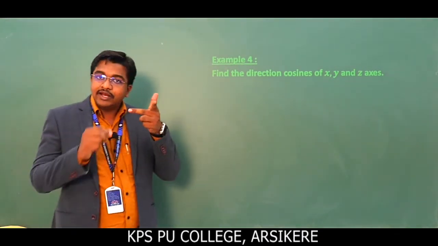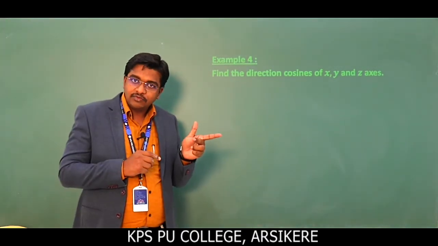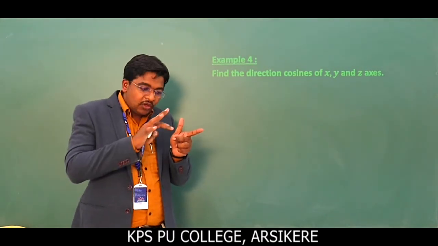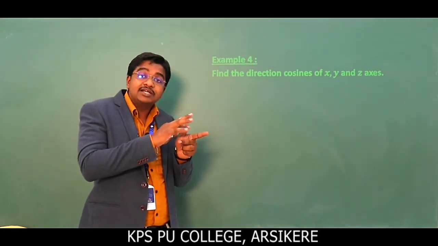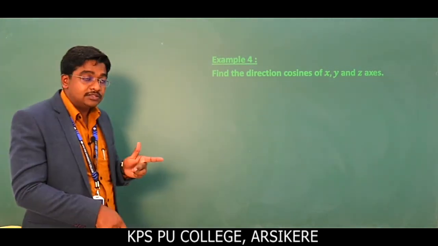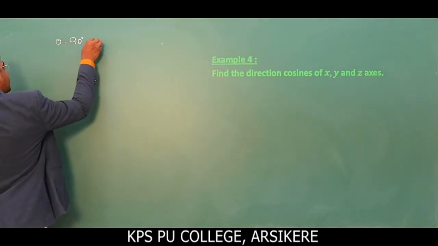So when we have 3 dimensional geometry, the angle made by x axis with x axis is 0, with y axis 90 degree, with z axis 90 degree. Therefore the direction angles made by x axis are 0, 90 degree, 90 degree.